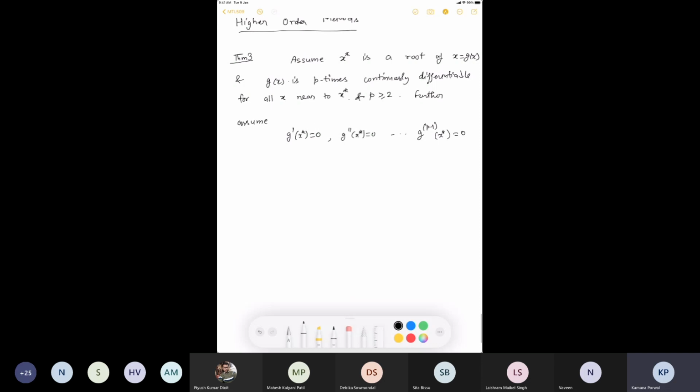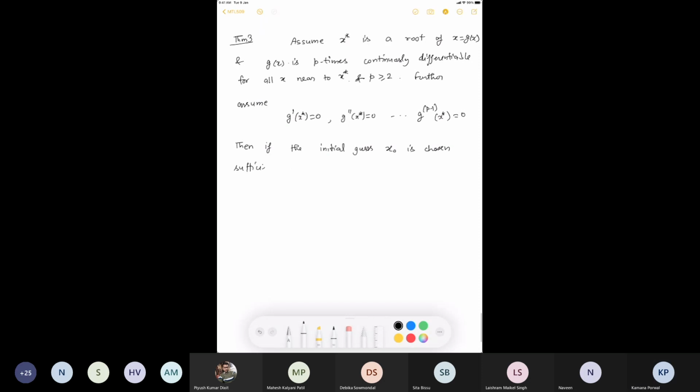In that case, if the initial guess x naught is chosen sufficiently close to x star, the iterative sequence given by xn plus 1 is equal to g of xn will converge.